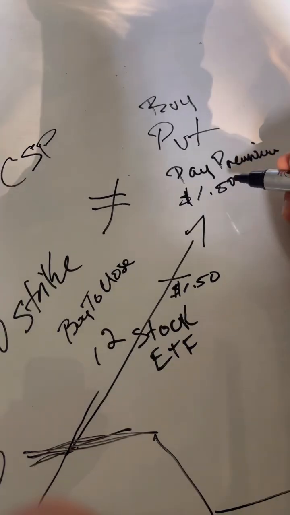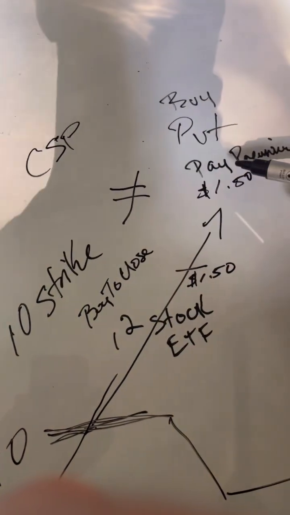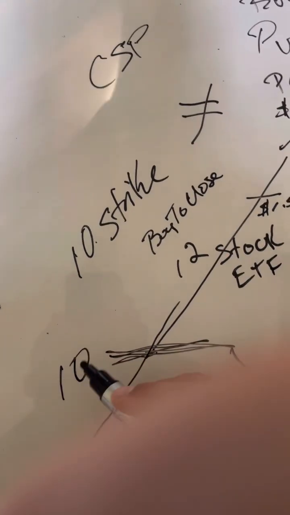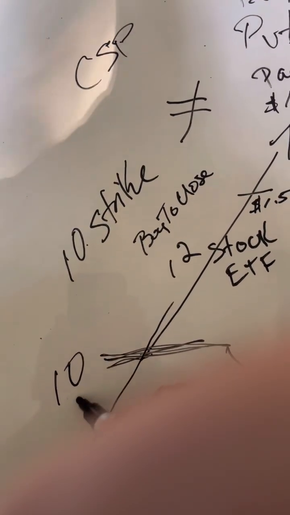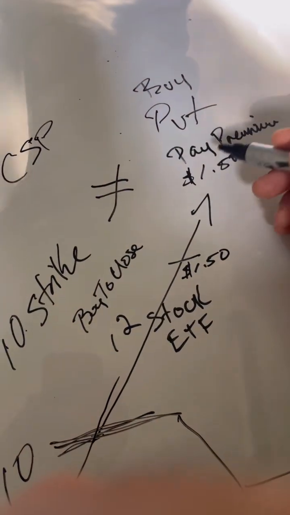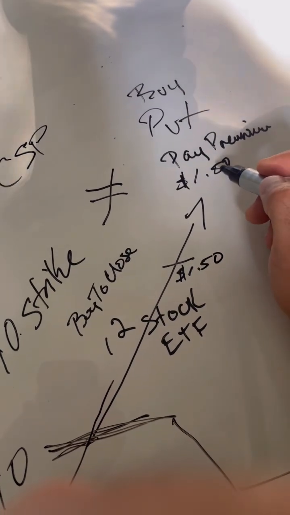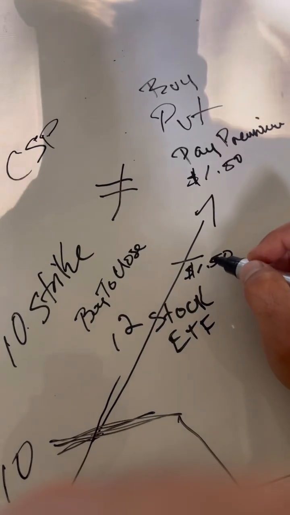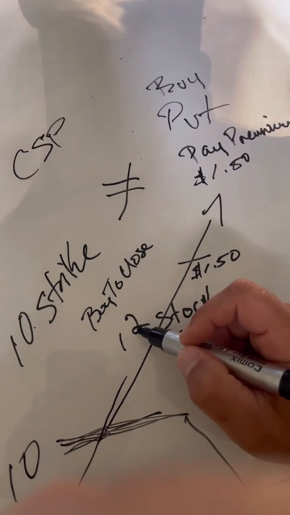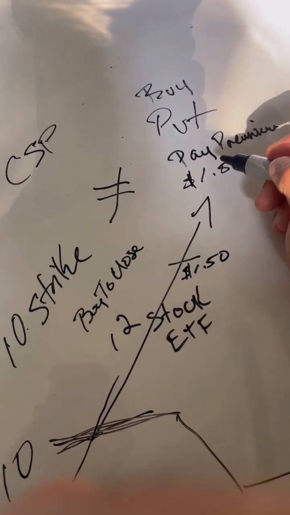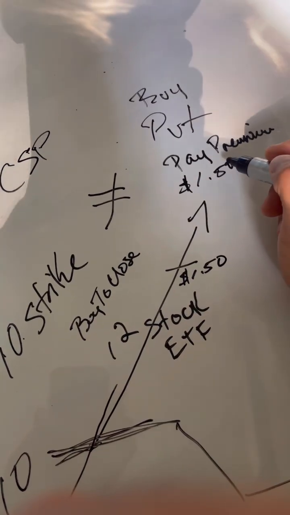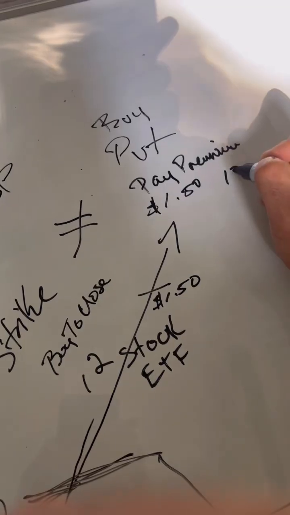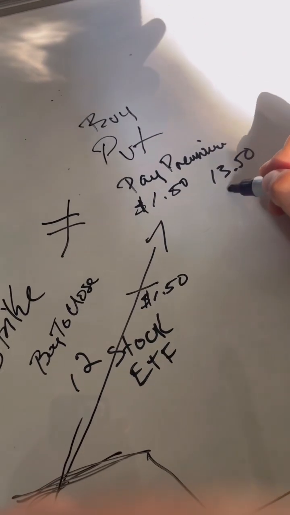This person's going to pay $1.50, which is collected at the entry point of the cash secured put. So you're looking to see where this person is paying $1.50 and where you need to be at $1.50. This number has to represent what this person's willing to pay. So this person's willing to pay $1.50 at a 13.50 strike.